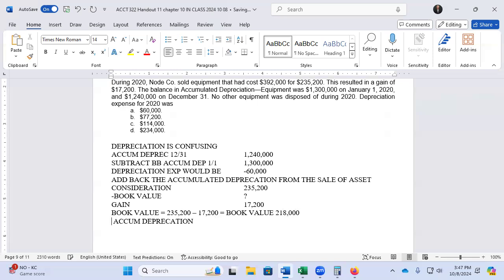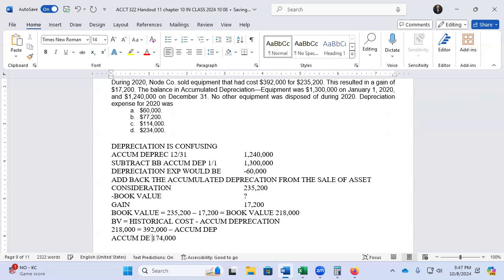218,000. And so book value equals historical cost minus accumulated depreciation. And so we know that's equal to 218,000. And the historical cost was 392,000. And so accumulated depreciation would be equal to 174,000.